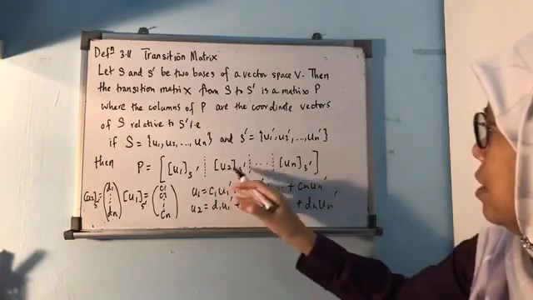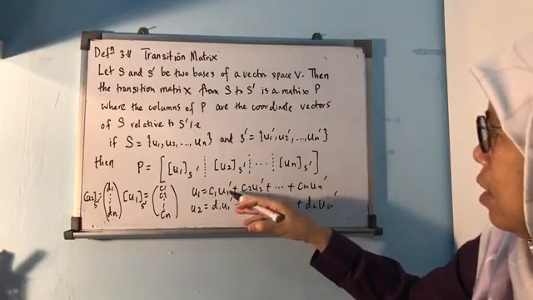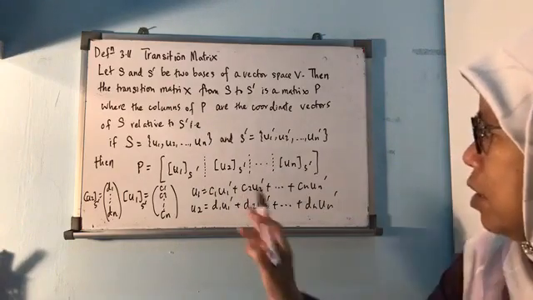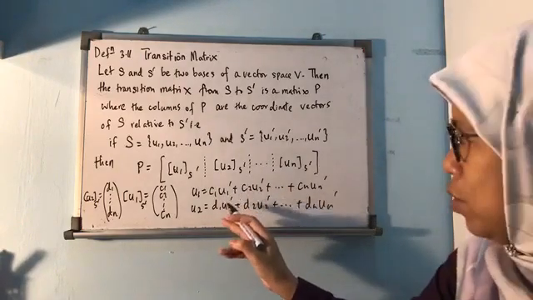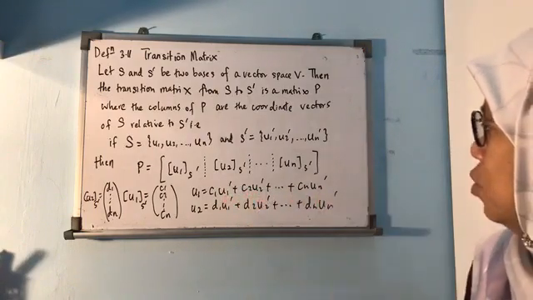And then you have to do until Un. So you will have to calculate this n times. But you can do the shortcut, you can do it once, because they are all the same.